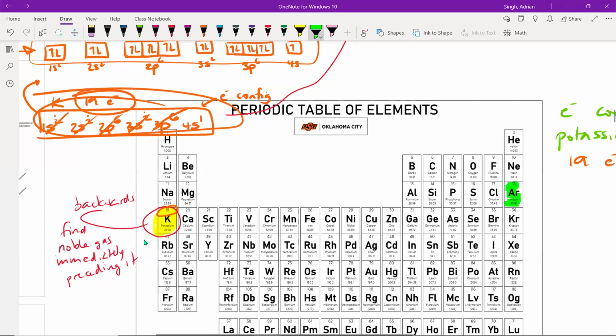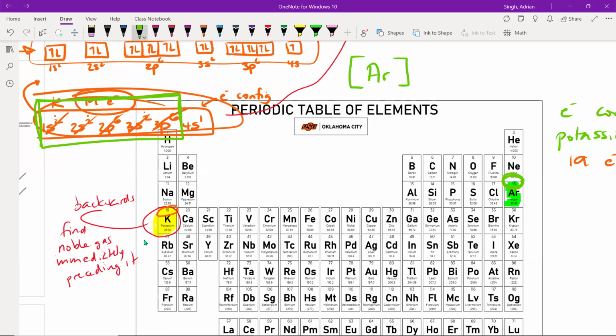So what I can do now is put argon, that noble gas, in square brackets. And by doing that, guess how many electrons I'm automatically accounting for? I'm accounting for those 18 electrons in argon, which are these 18 electrons that I have here.